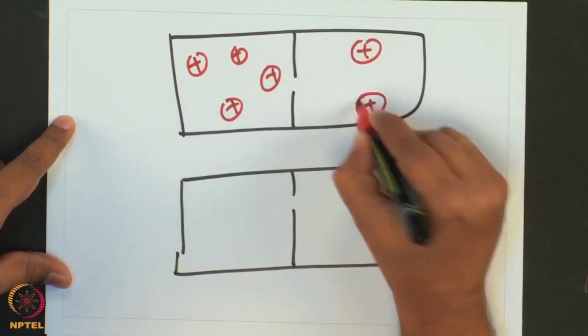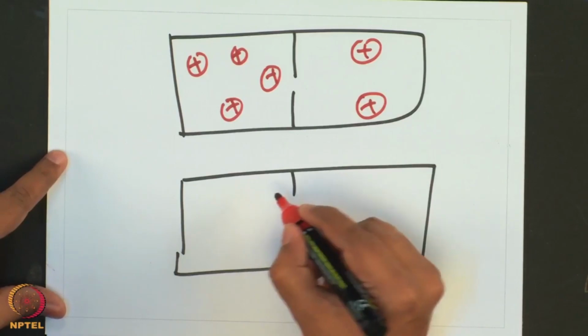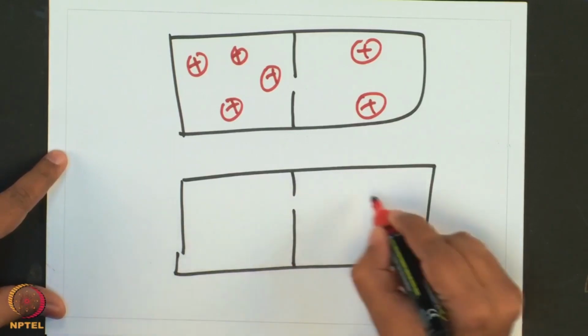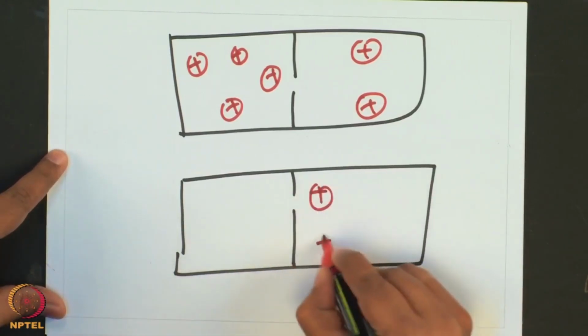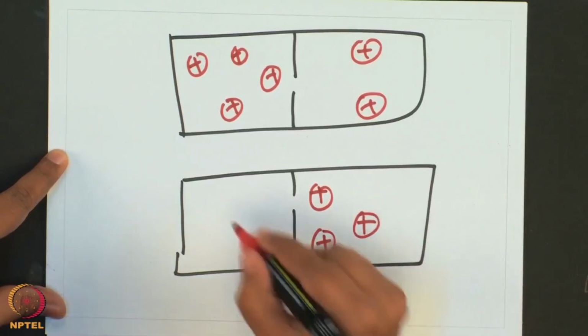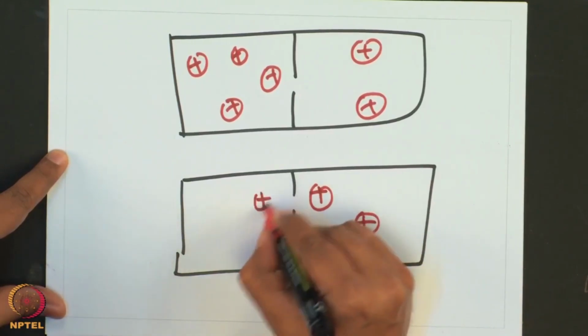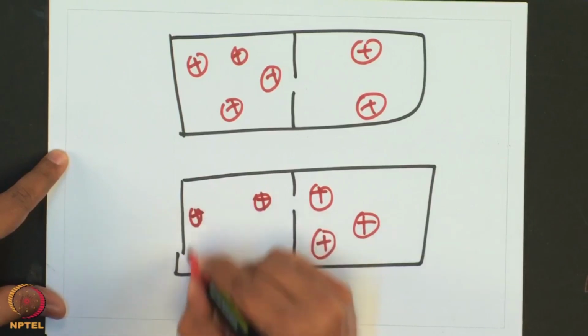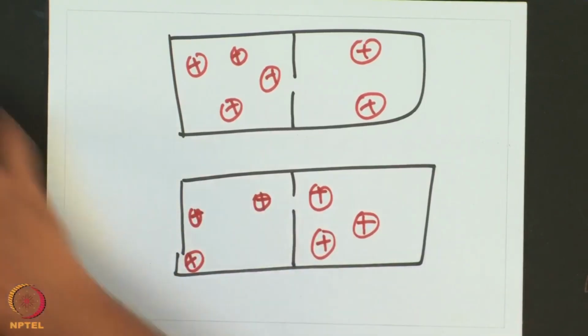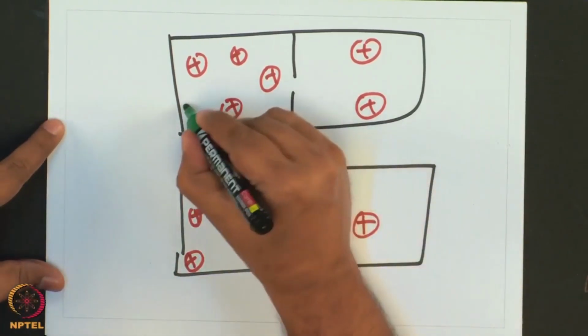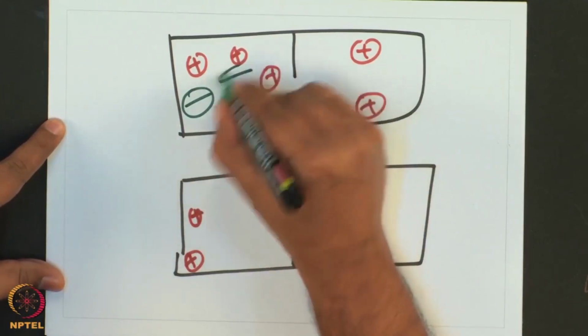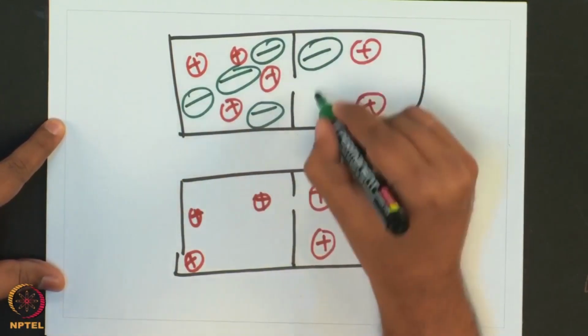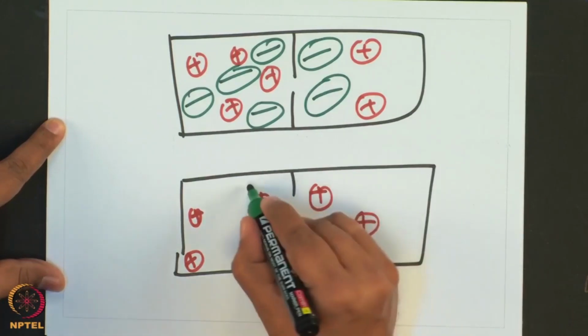There were ions like this, and I would draw the following way. The negative is of course much larger.